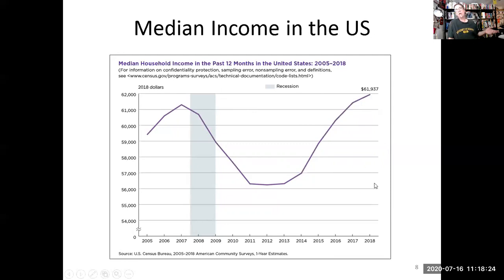If you look at hourly wages for manufacturing workers, it's taken even longer to get back to where people were at their recent peak. So the median income now, in 2018, is not much different than that because again, we're talking about the midpoint. Many people have made a lot more money in the past few years.